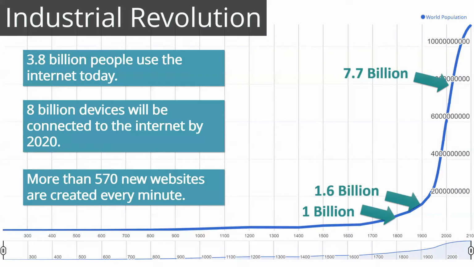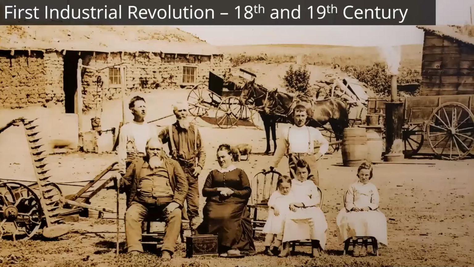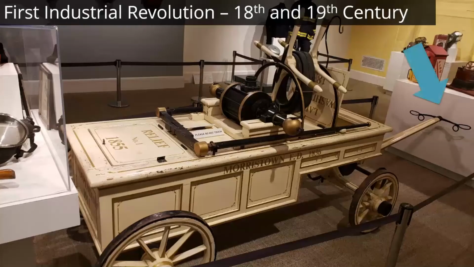But we didn't just start there, right? So for a second, let's see where this makes sense. In the first industrial revolution, the 18th and 19th century, this was our life. We were in villages. We had the horse and carriage, right? We were confined to one specific area. We are based in New Jersey.